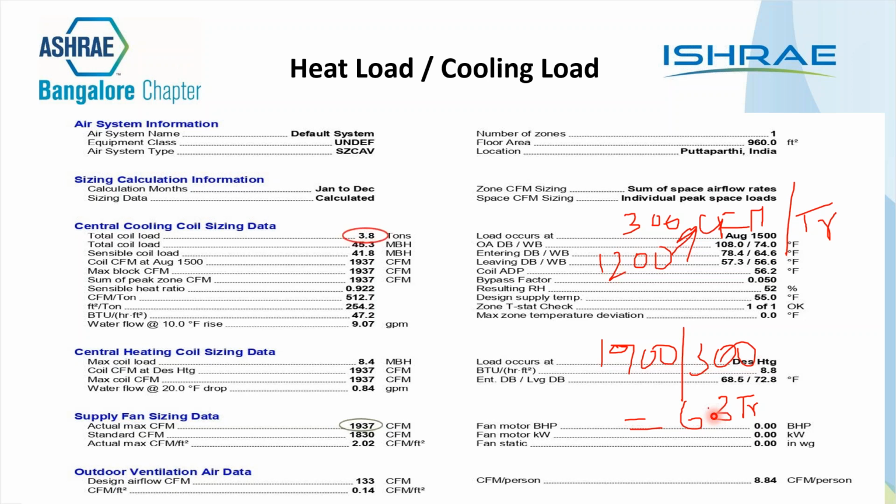Now, coming to the most important part, if I were to give you a VRF system, that means the VRF system has got an outdoor unit and an indoor unit. I will give you an outdoor unit of 4 TR and an indoor unit which can deliver 1900 CFM.